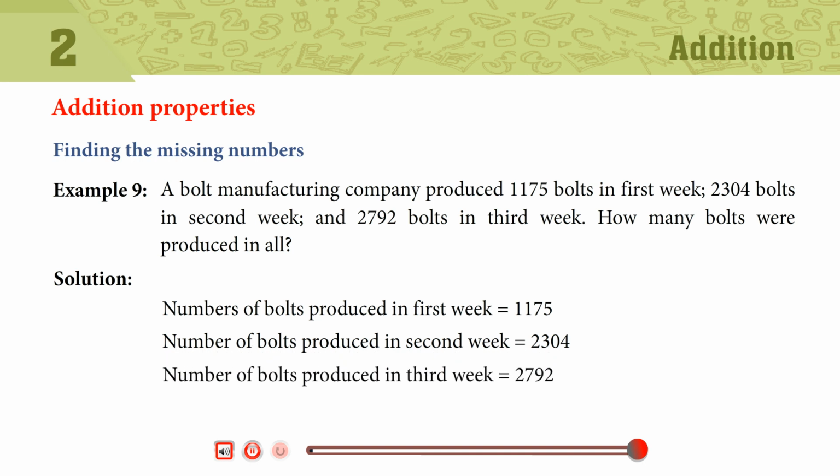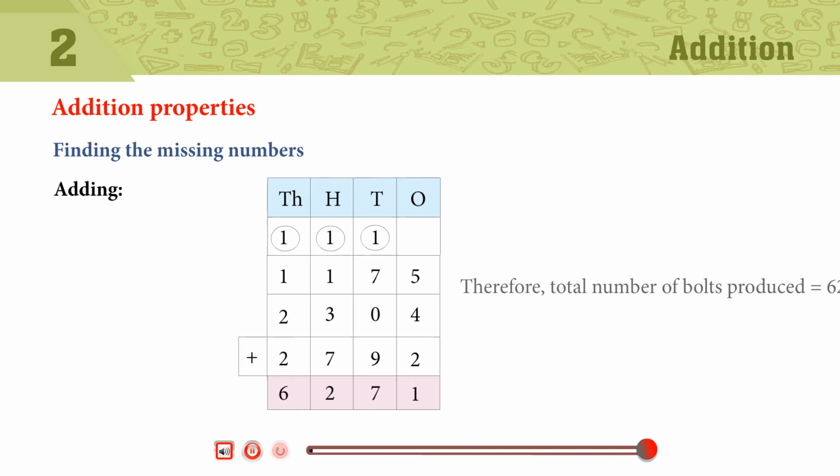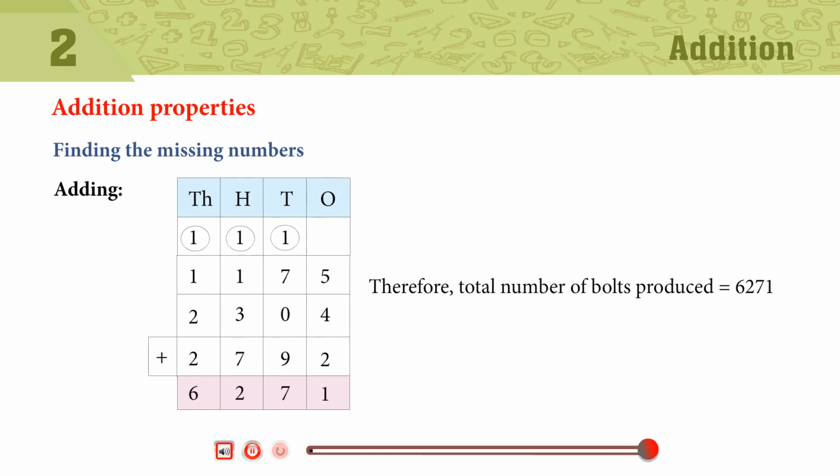Number of bolts produced in third week is equal to 2,792. Total number of bolts produced is equal to 1,175 plus 2,304 plus 2,792. Adding, therefore, total number of bolts produced is equal to 6,271.